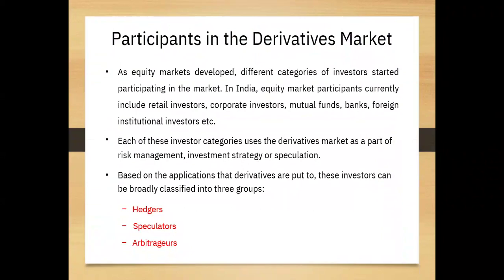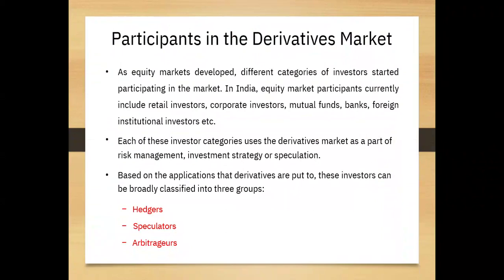In India, equity market participants currently include retail investors, corporate investors, mutual funds, banks, foreign institutional investors, etc. Each of these investors uses different types of risk management techniques and investment strategies, or speculation activities. Based on the applications that derivatives are put into, these investors are broadly classified into three groups.